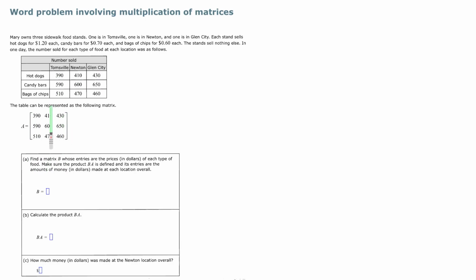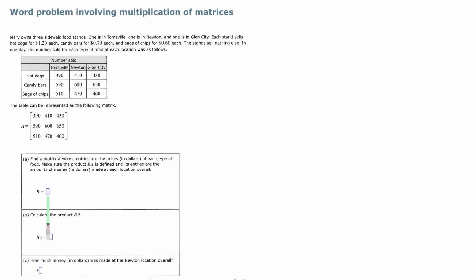And there it is. With a matrix, you simply convert it with brackets, and then you arrange the data in a very, very specific order. Okay, order matters. Find a matrix B whose entries are the prices in dollars of each type of food. Make sure the product B times A is defined, and its entries are the amounts of money in dollars made at each location overall.